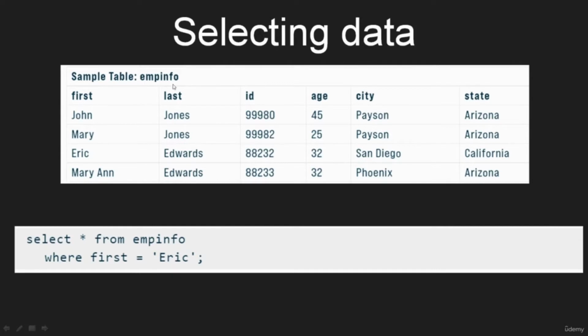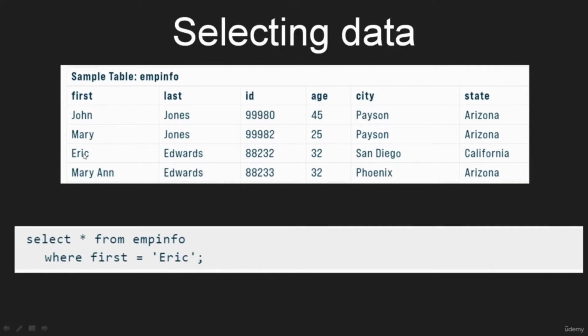So this is one example. Here you can see that we have a table called emp info, which generally means employee info, I guess. And here we have different columns. So the columns are first, last, ID, age, city, and state. Suppose we want to fetch the third row, which is Eric.